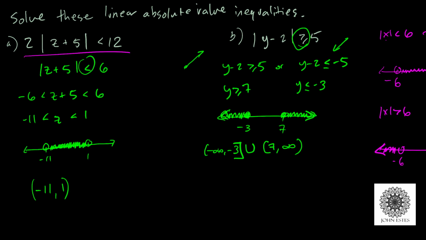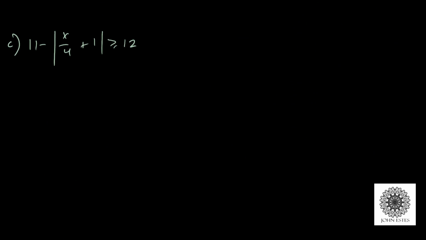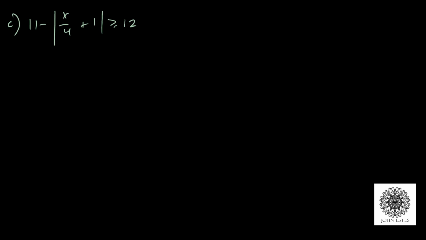Alright, let me show you one more. So this one looks a little bit more difficult, but it's not really. Okay, so here I'm going to subtract the 11. So I end up with negative absolute value of x minus 4, plus 1, is greater than or equal to, let's see, 12 minus 11 is 1.